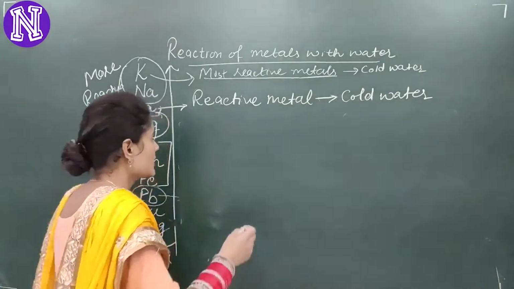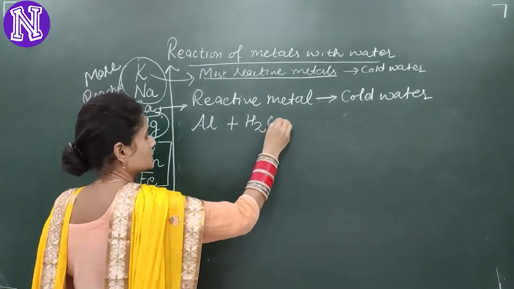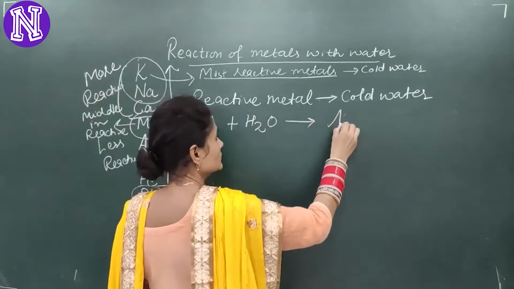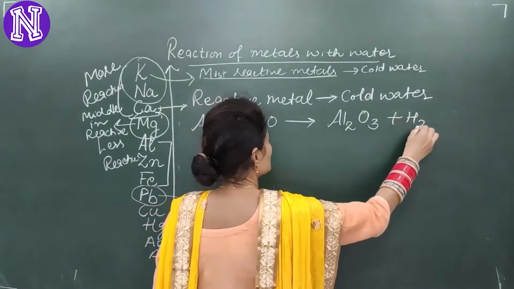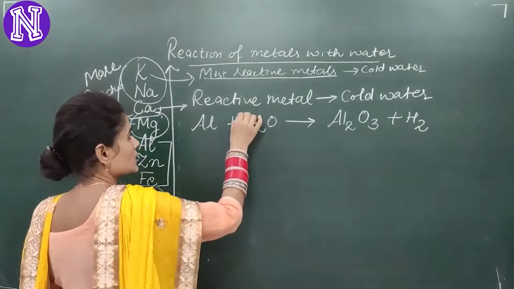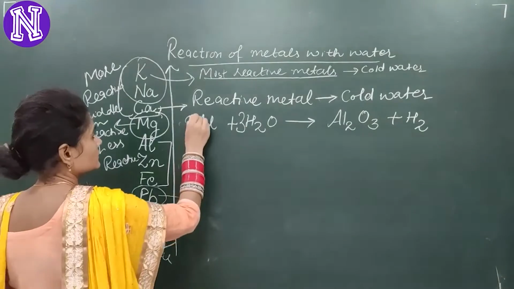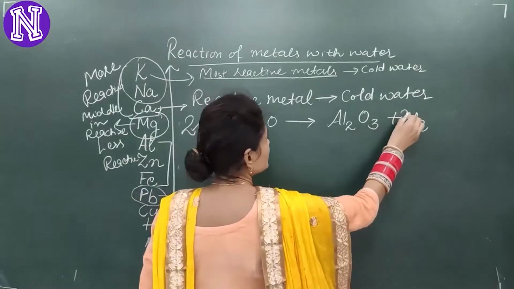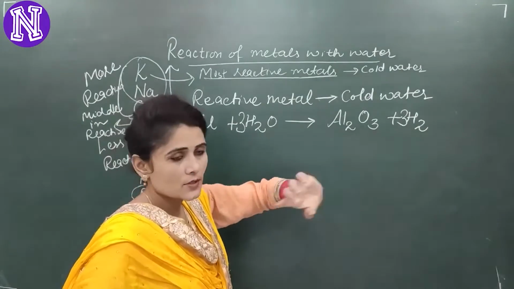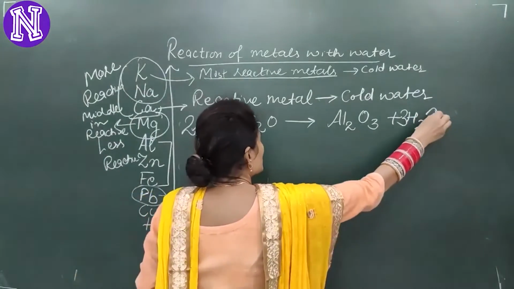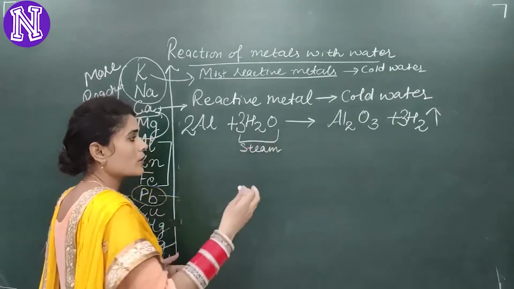Students, let's start. When aluminium reacts with the water, aluminium oxide and hydrogen gas are formed in this case. Here I am taking steam, not cold water.